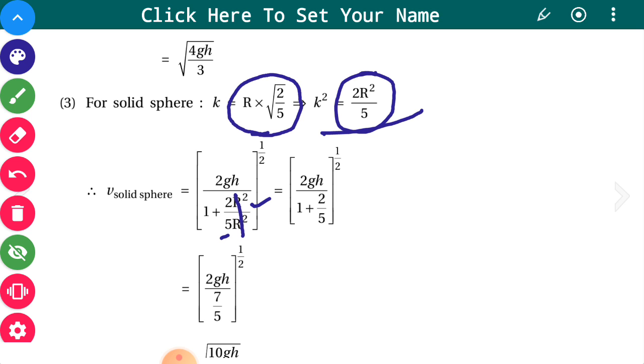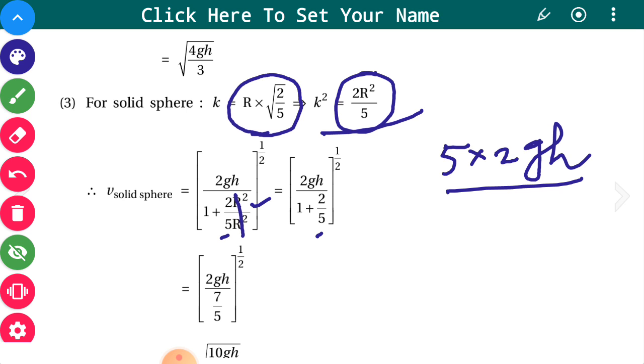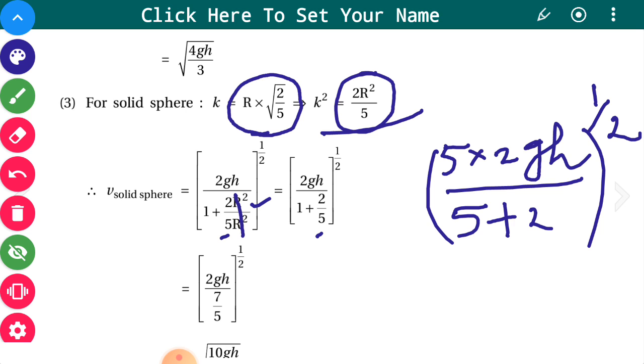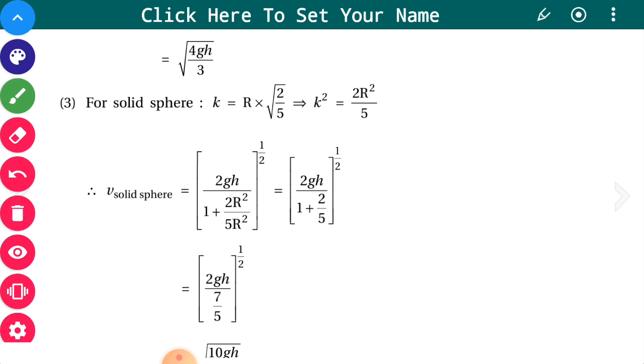This r square will be cancelled out, and 5 is the LCM, so it becomes 5 into 2gh, because 5 goes up in the denominator, 5 plus 2, which is 7, and square root of it, so it becomes 10gh upon 7, and the square root of it will be the answer.